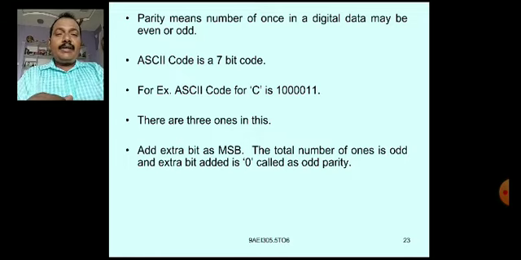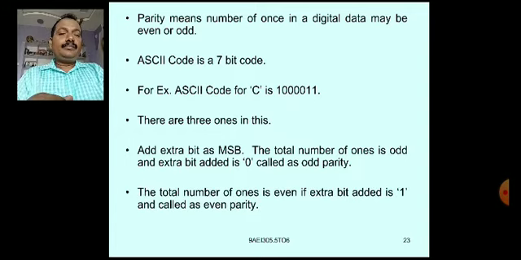Add an extra bit as MSB. If the total number of ones is odd and the extra bit added is 0, it is called odd parity. If the total number of ones is even, the extra bit added is 1, and it is called even parity.